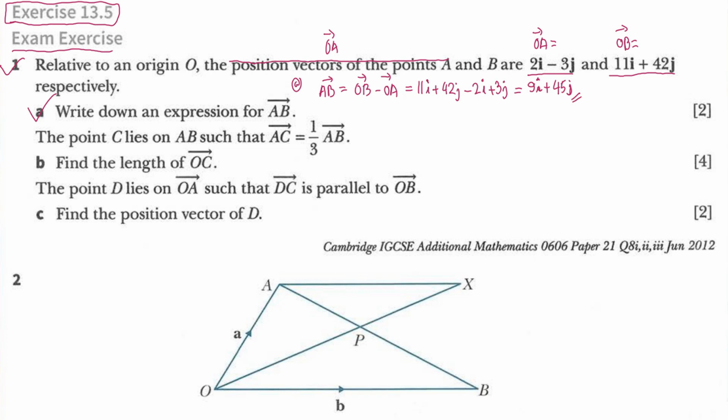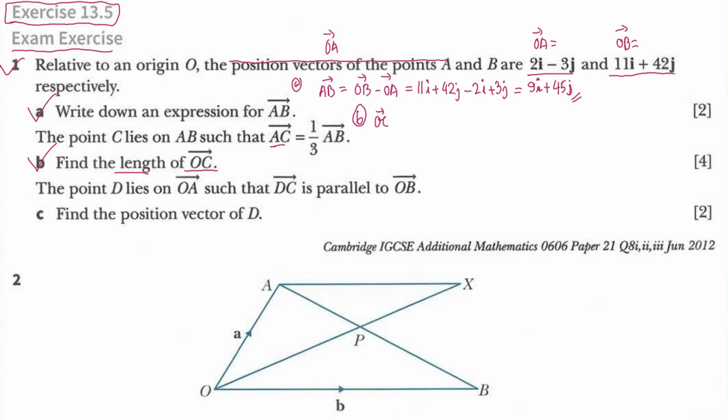Then the second one: C lies on AB such that AC equals 1/3 of AB. Sometimes we can do this without drawing the diagram, because they are asking for the length of OC. First we have to find the vector OC.